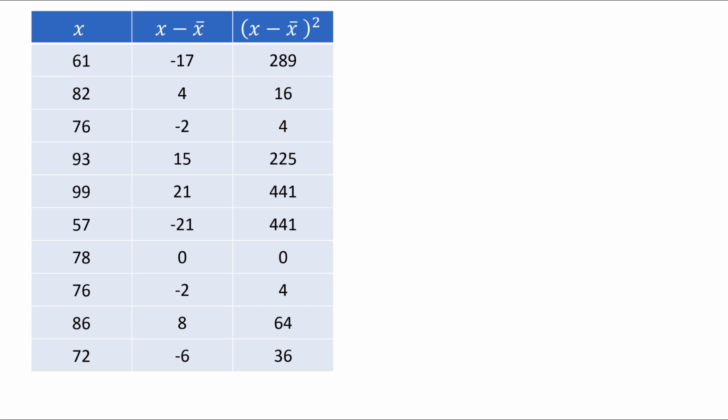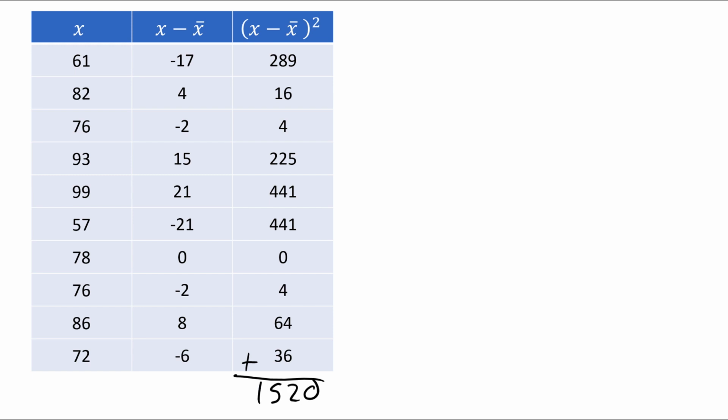We get 289, 16, 4, 225, 441, 441, 0, 4, 64, and 36. So instead, we're going to find the sum of all of those values and then find the average of it.